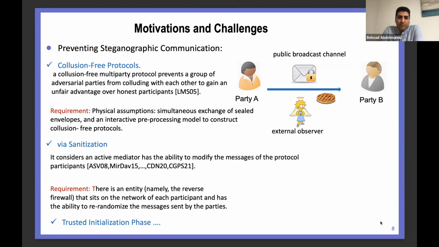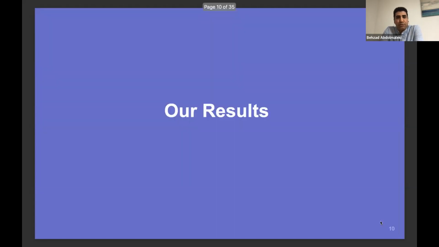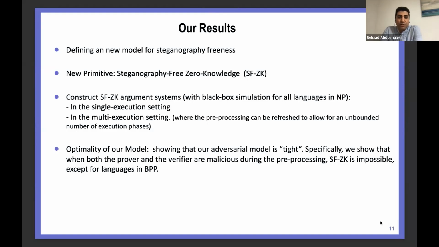But for all of these, there is still a main question, or the main challenge: is there any more realistic model that can prevent steganographic communication, not using, for example, some active mediator, because in classical steganography communication, we want a passive external observer or a passive mediator. So this paper tries to give another solution in this area.